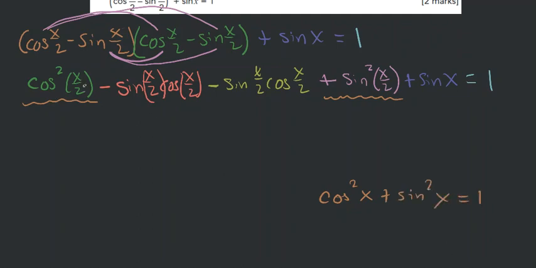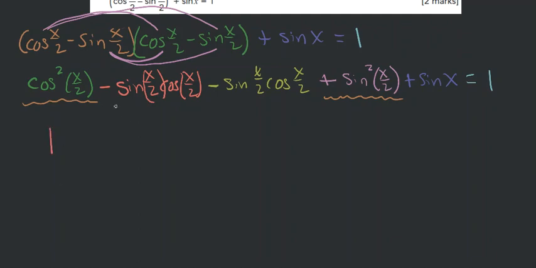Now, we don't have x's here, we have x over 2, but it doesn't matter as long as these two things are exactly the same. This is going to be true. So, let's get rid of this, and what we're going to now have is that this green plus this pink is going to equal 1.